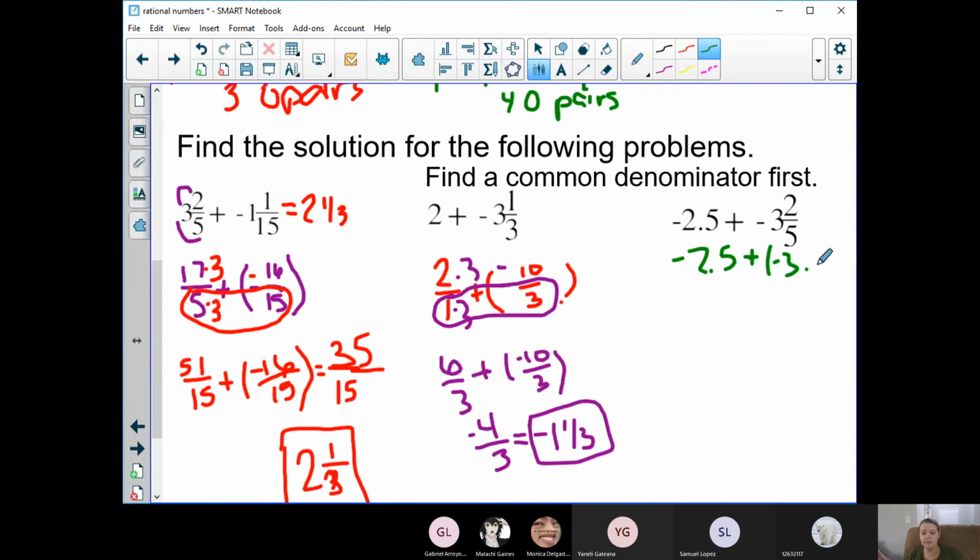Negative 3 point what? 2/5 as a decimal is what?